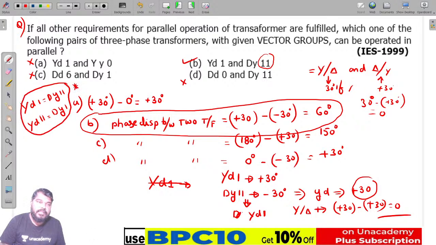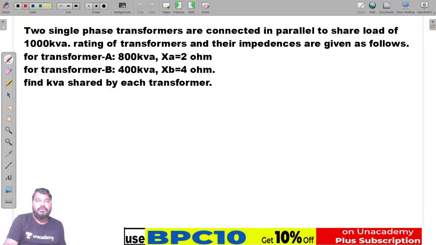That's why both are in the same phase, plus 30 degrees and plus 30 degrees. Okay, now solve this question.